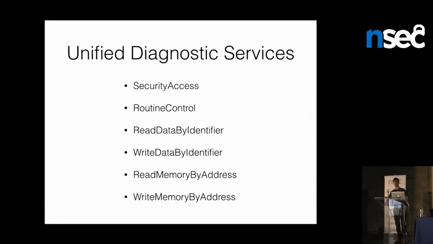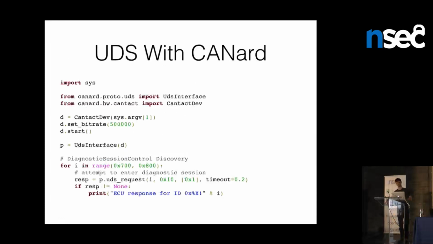Then you also have read and write memory by address, and apparently in some vehicles this is still enabled in production, which is scary because you can literally get a memory map of the controller by running through every address. So yeah, that's a feature that I'm not sure what the purpose of is. It makes sense in development, but it shouldn't be turned on when you're dealing with the car, really. So this library is also going to provide you some help for doing UDS.